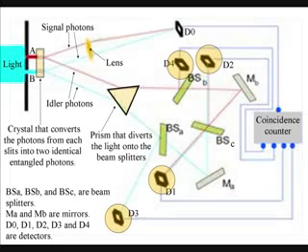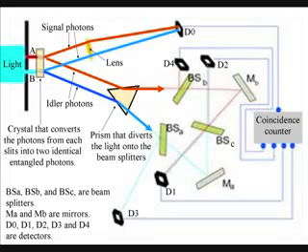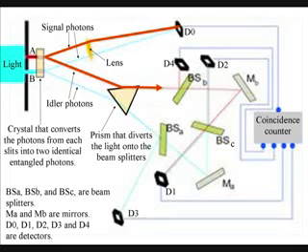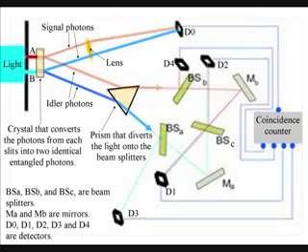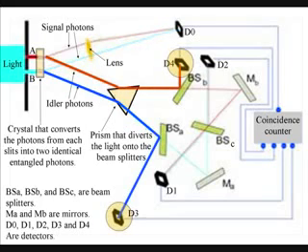The idler photon, represented by the red and light blue lines going downwards on the diagram, is deflected by a prism that diverts it onto individual paths, depending on whether it came from slit A or slit B. In this way, the two streams of light from slit A and slit B each come in contact with beam splitters represented by green blocks on the diagram.